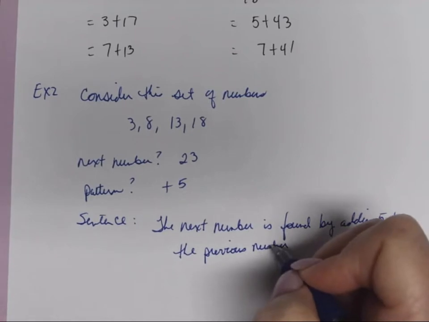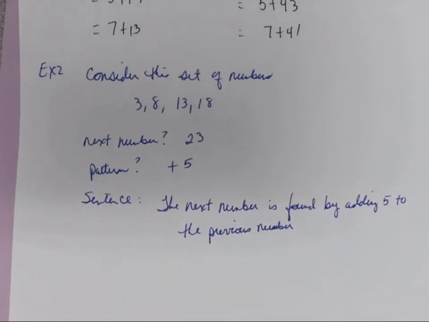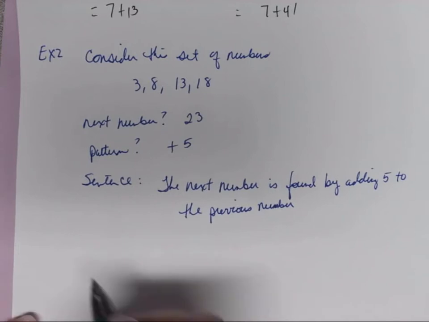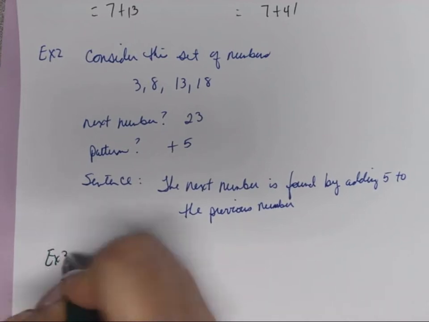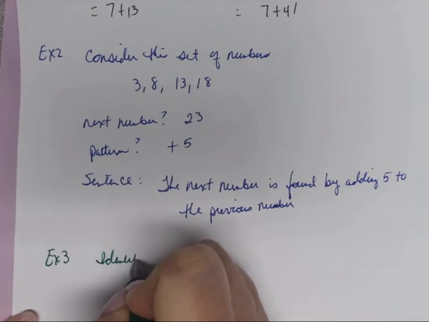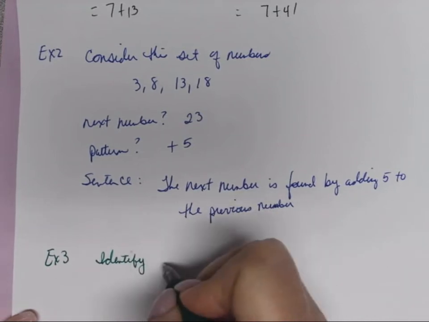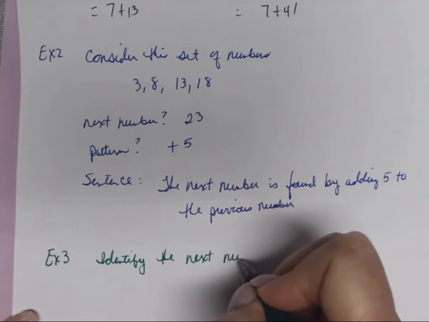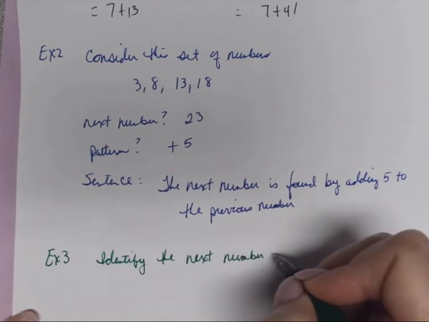So if I'm trying to write a complete sentence, I'm just going to restate what I know using words. All right, let's look at example 3. So we want to identify the next number in the sequence.